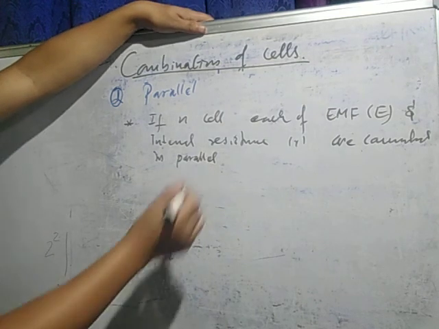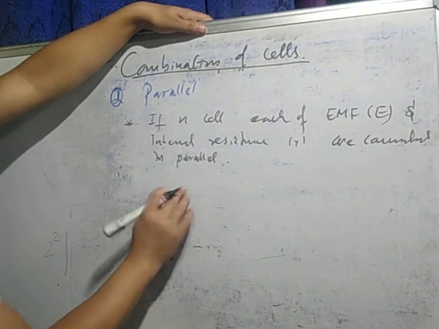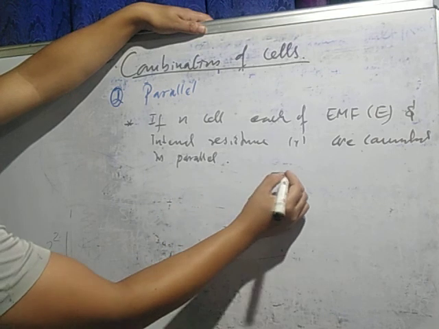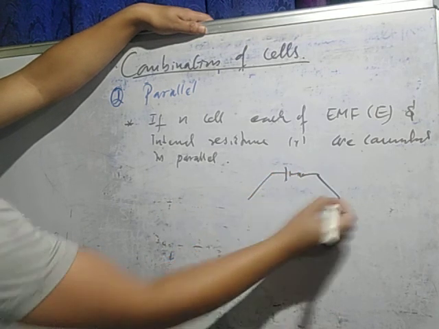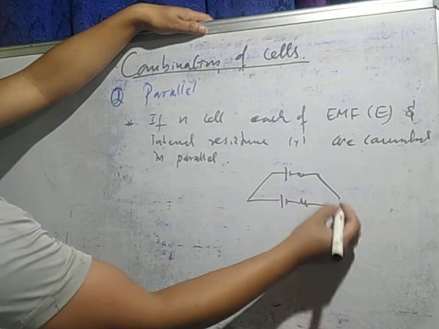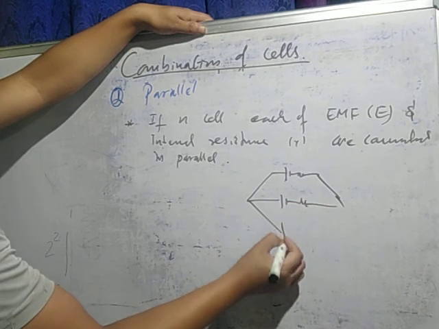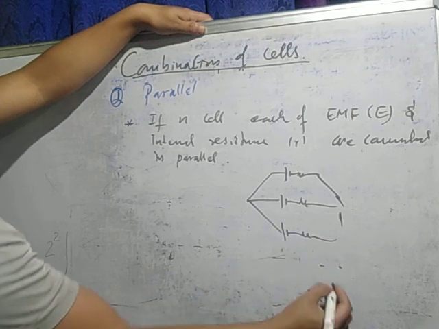So then what happens? So this is your E1, R1, but all are equal, isn't it? So you have to take E, isn't it? So it goes on up to n times.